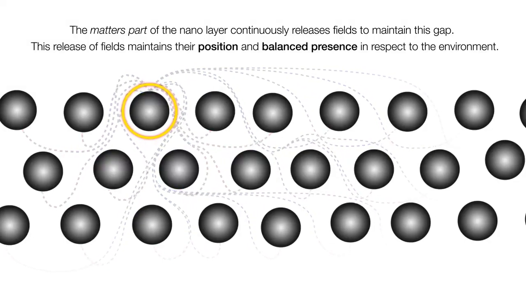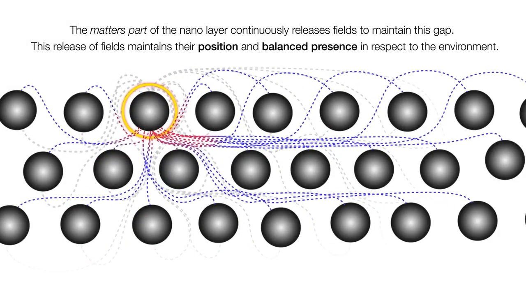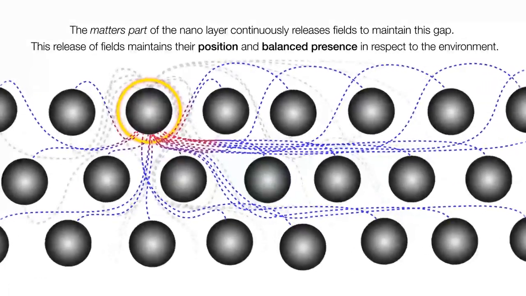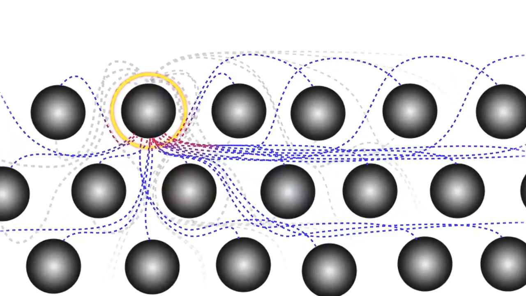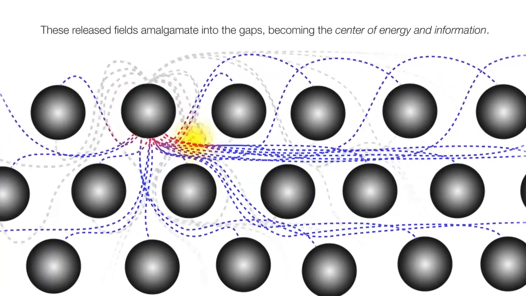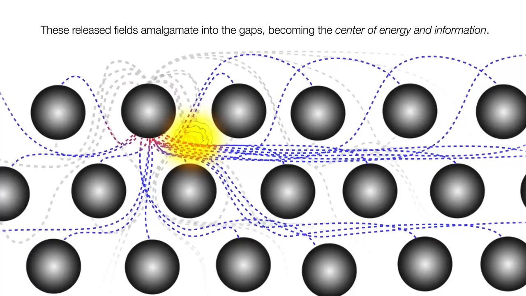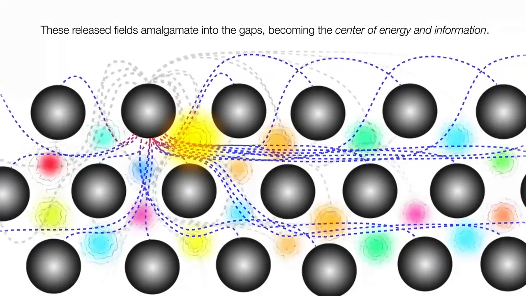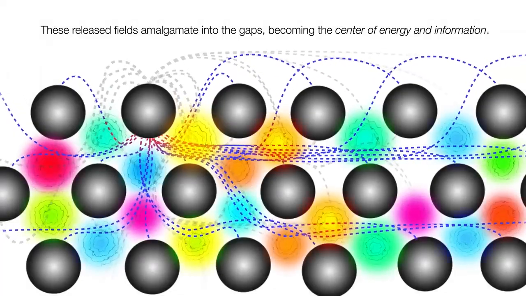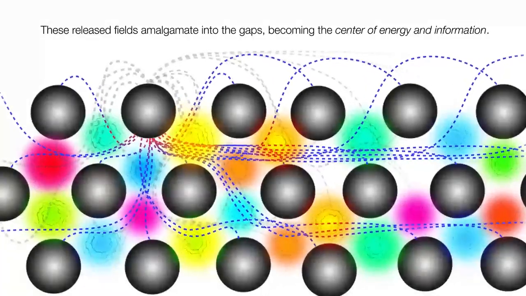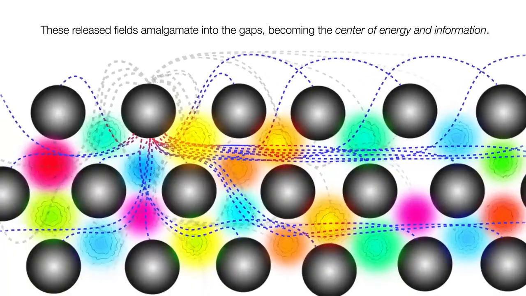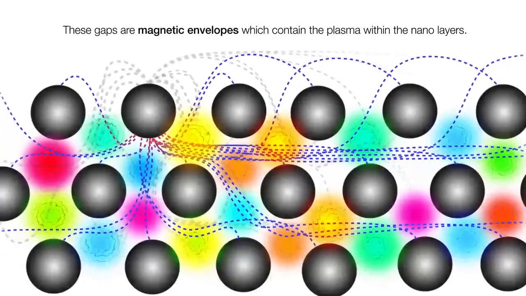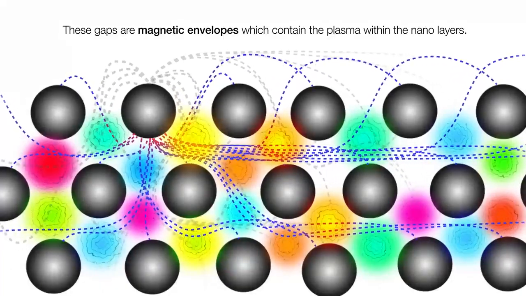This release of fields maintain their position and balanced presence in respect to the environment as well. These released fields amalgamate into the gaps, becoming the center of energy and information. These gaps are magnetic envelopes which contain the plasma within the nanolayers.